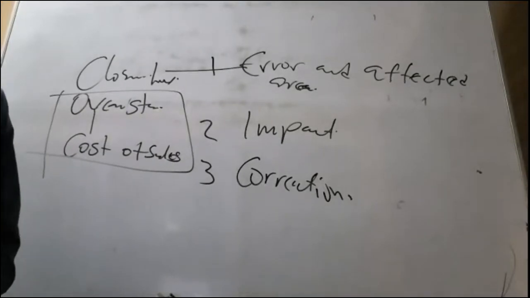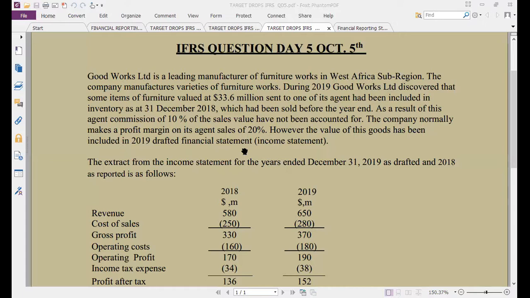Then you look at the impact. So if closing inventory has been overstated, so that means the cost of sales, they've blown up the closing inventory. So we have to take it off from the closing inventory.